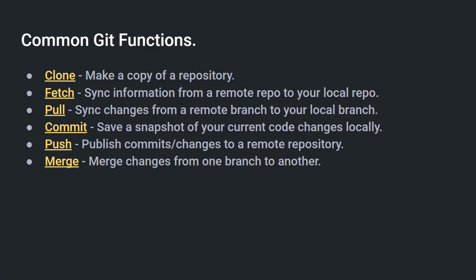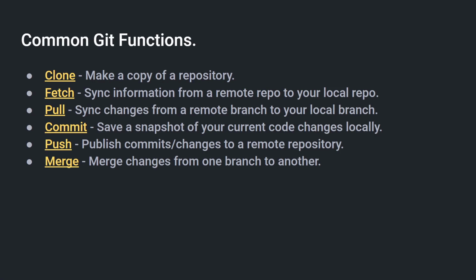You would not get that information if you just called the pull command. You'd only get that information when you call the fetch command. The pull command is for an individual branch, the changes on that branch, while fetch is for the repository as a whole.